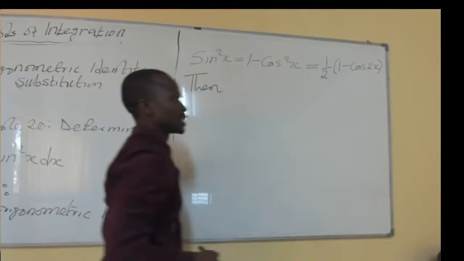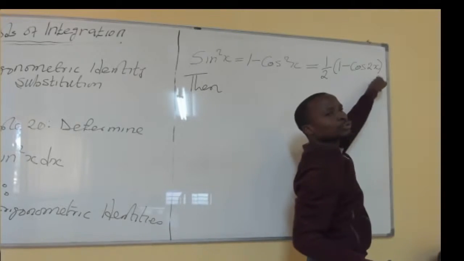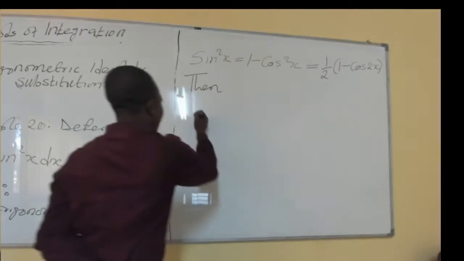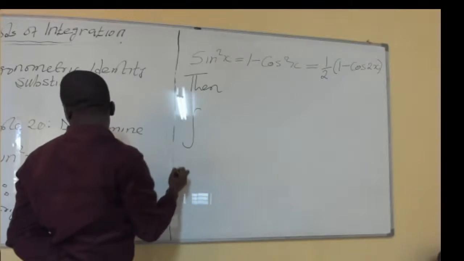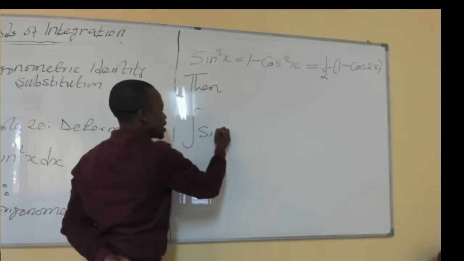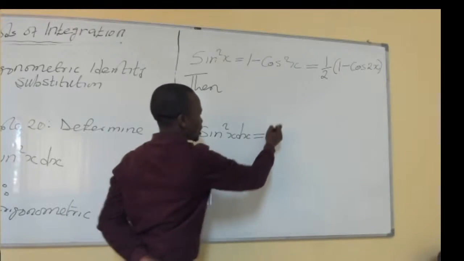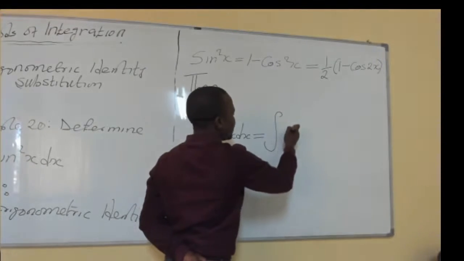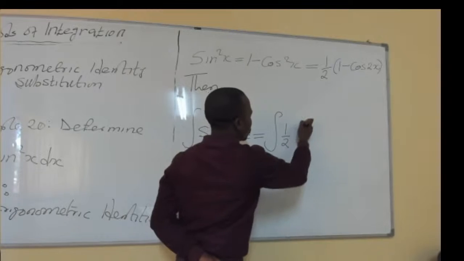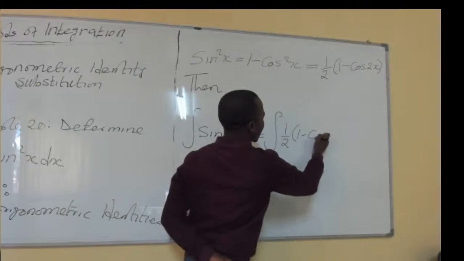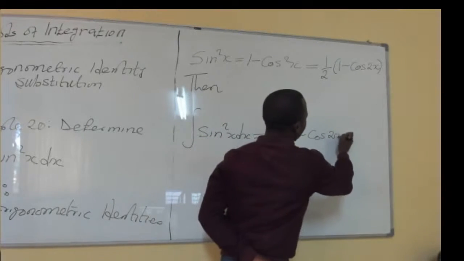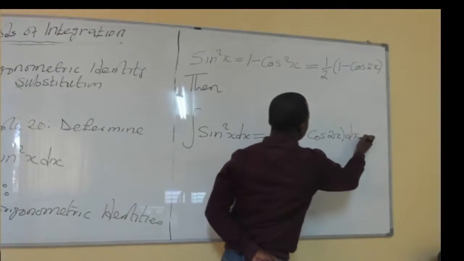Because sine squared of x is the same as (1 minus cos 2x) over 2, the value I get if I integrate sine squared of x with respect to x is the same as the value I get if I integrate 1 over 2 multiplied by (1 minus the cosine of 2x) dx.